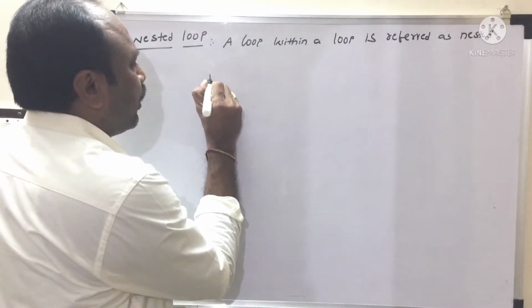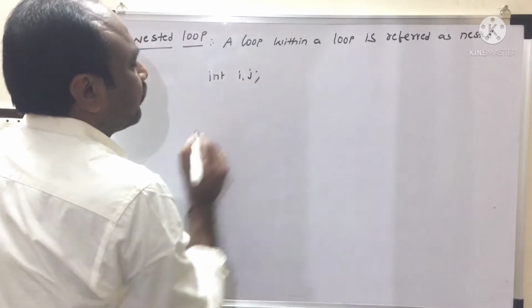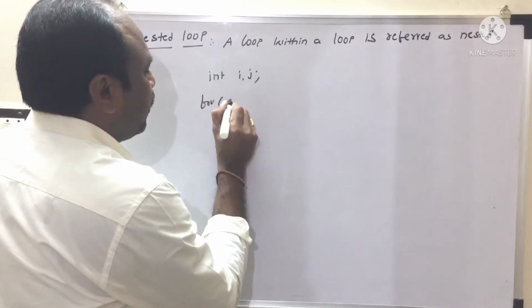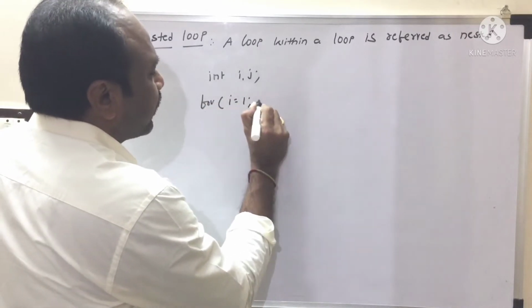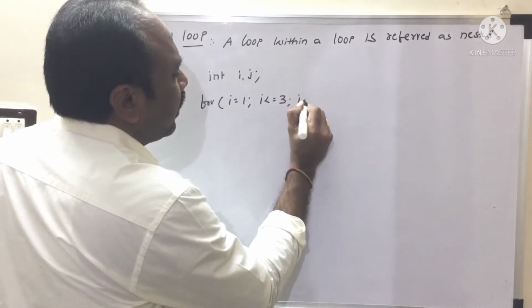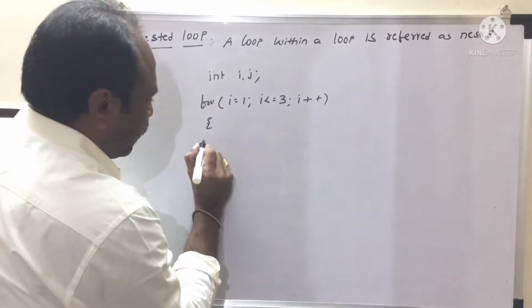I am taking two variables, int i, j. I am writing for i equal to 1, i less than or equal to 3, i plus plus. Outer for started.